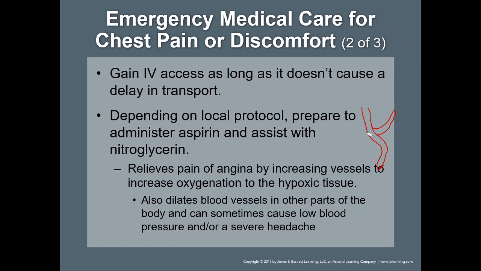Here's your clot. Nitro is going to allow that blood to make it through. It's going to dilate it just enough so we can get blood around it. And then we're getting some oxygen to that heart muscle. And what you're actually doing is preventing cardiac arrest, because once that muscle gets so irritated and necrotic, it can happen.